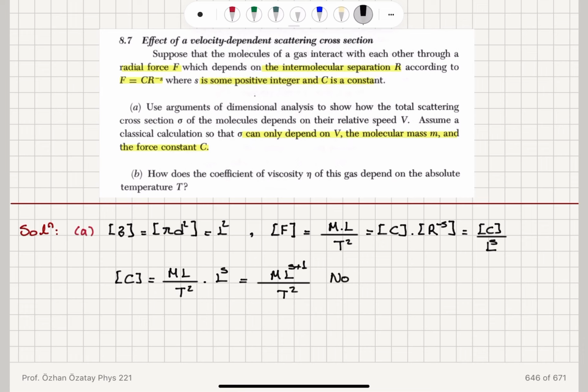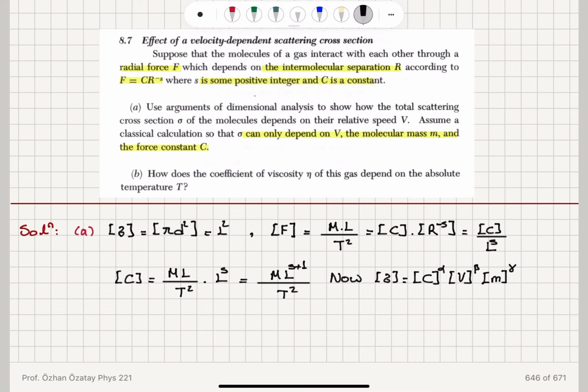Now we are given that the total scattering cross-section can only depend on v, m, and C. So therefore, the dimension of the total scattering cross-section must be equal to the dimension of C to some power alpha, the dimension of the relative speed v to some power beta, and the dimension of mass to some power gamma. Okay, now what is the dimension of sigma? It is L squared.